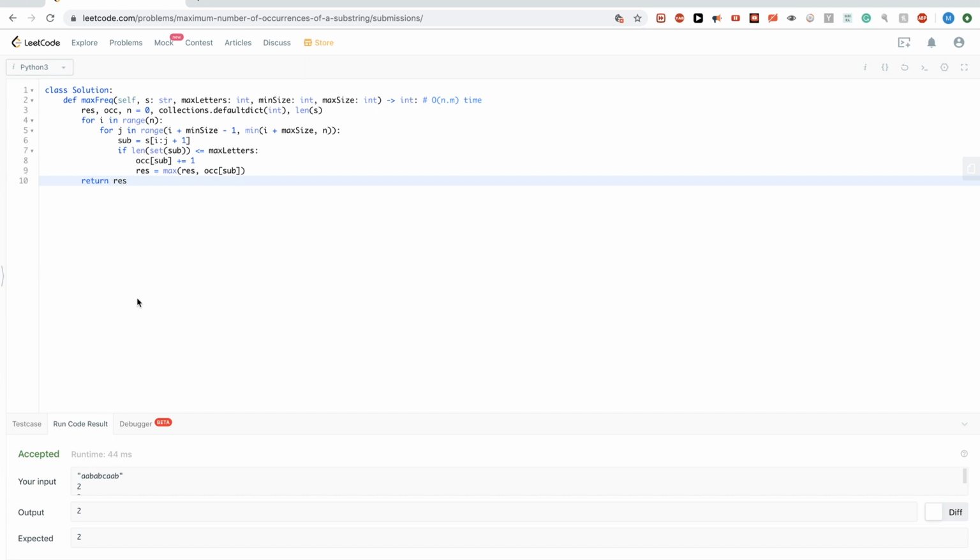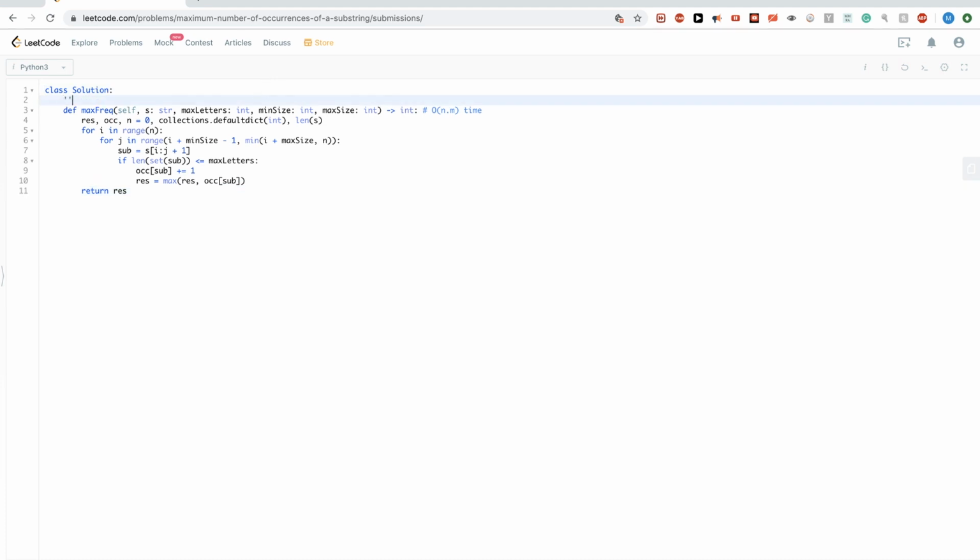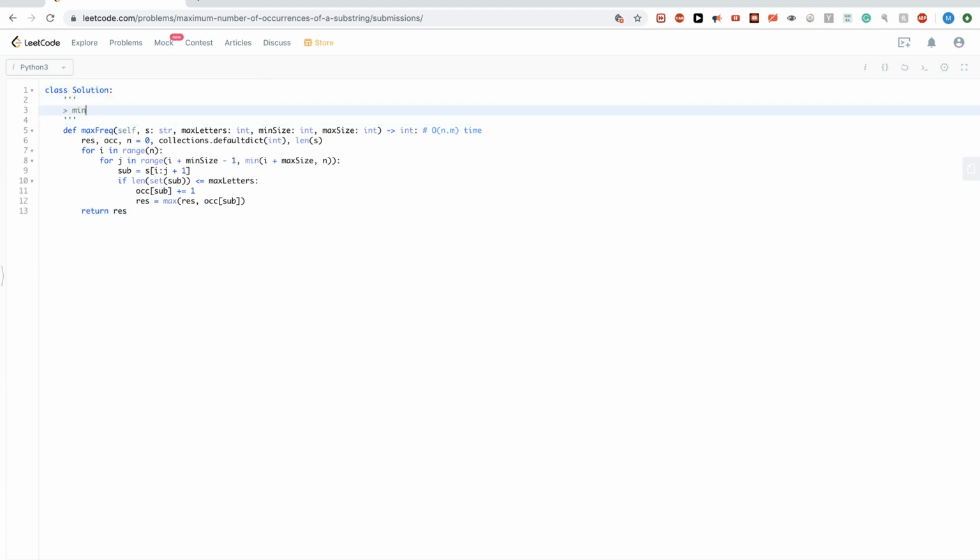Now, another way we can think about this is to optimize this even further to an O of n solution. Well, if we find a substring that has size, let's say anything bigger than min size, that is valid, which means that it has unique characters less than or equal to max letters.